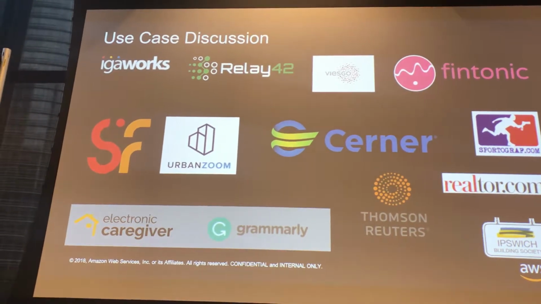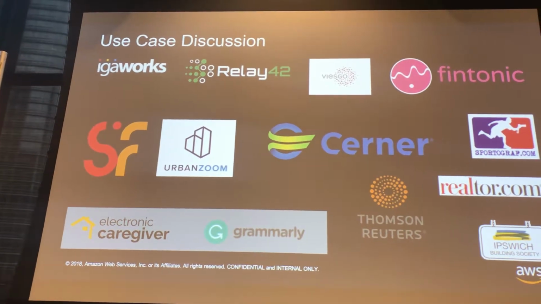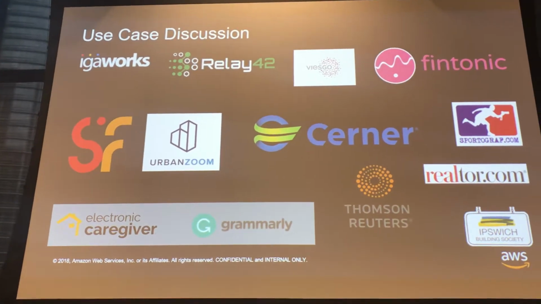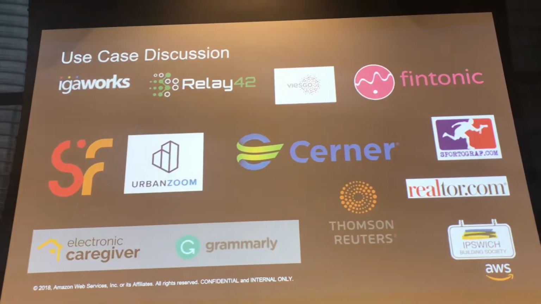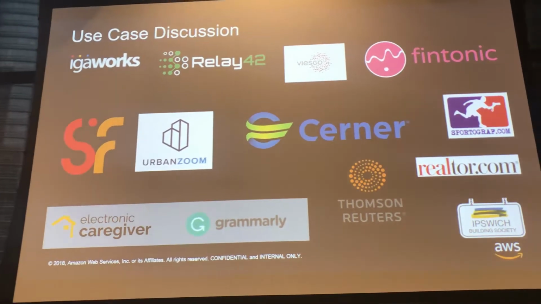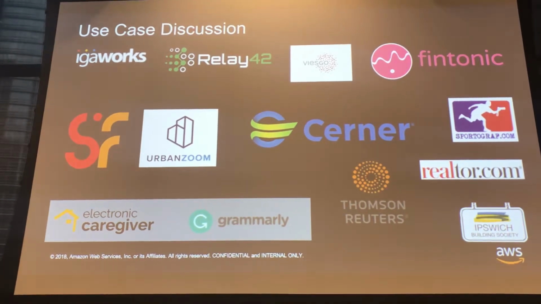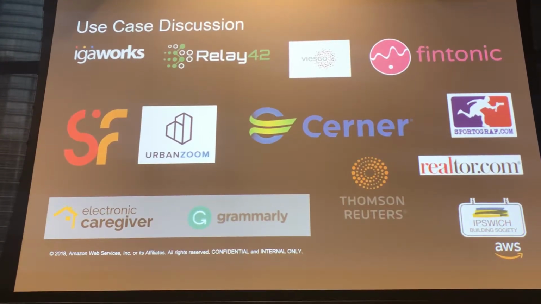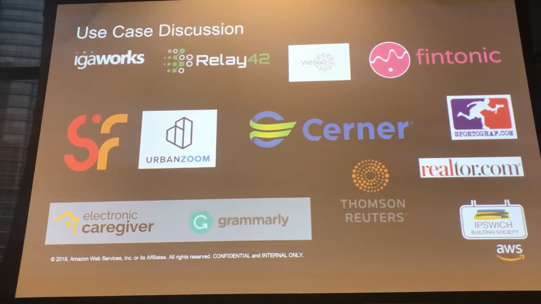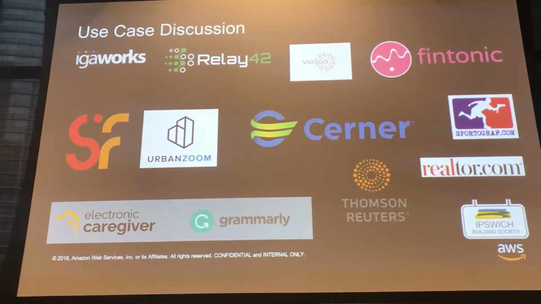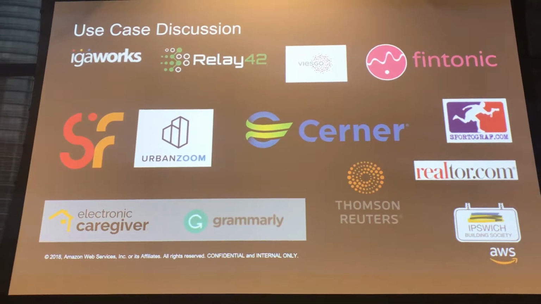Fintronic is another financial category. They've reduced their deployment time for machine learning algorithms by 70% by using some of those utilities that I just showed you. Grammarly, if you use YouTube as much as I do, you see the ads all the time. Clearly, they're using natural language processing in their system.